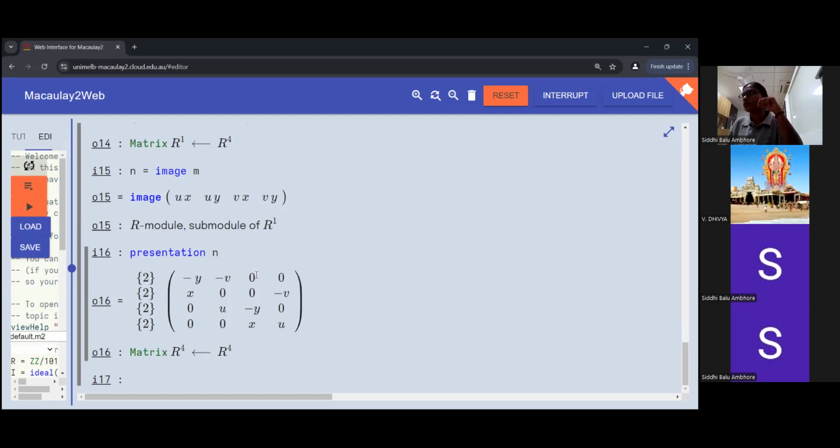The second column is minus v squared, minus uy. And if I take the transpose of this, okay, you are saying something? Yes, yes, okay, I understand. Yes, that's what I'm checking. Even if I take it horizontally, yeah, it's false actually. It's not true.